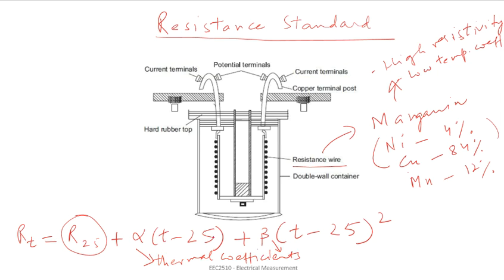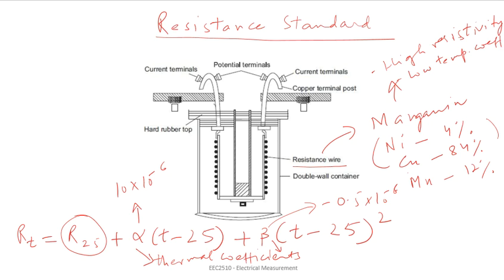The value of alpha is generally 10 into 10 raised to the power minus 6, and the value of beta is minus 0.5 into 10 raised to the power minus 6. So this is the resistance standard.